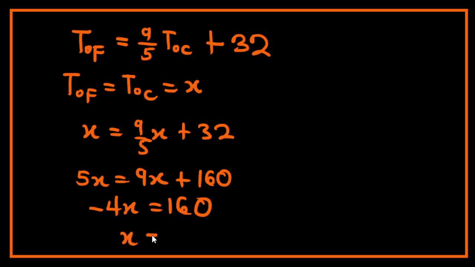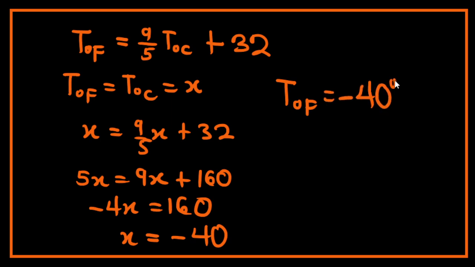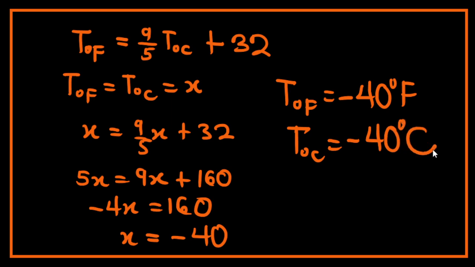Isolate x by dividing both sides by minus 4, that gives you minus 40. So we have our T degree Fahrenheit is minus 40 degrees Fahrenheit. Our T degree Celsius is minus 40 degrees Celsius. So this reveals to us that what? Degrees Celsius and Fahrenheit are going to be the same at minus 40. Moving on.